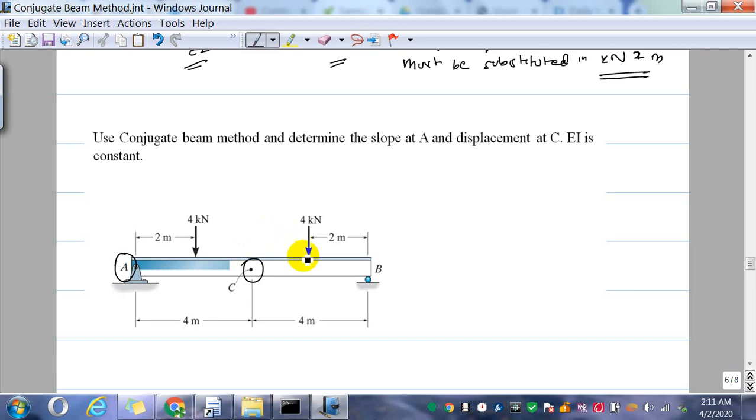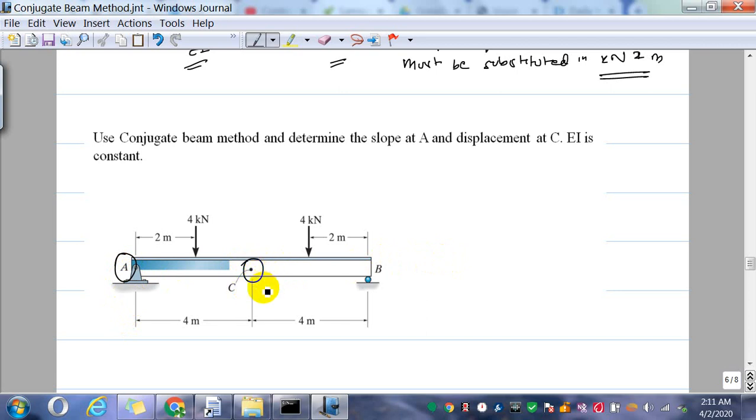So if I plot a conjugate beam for this loading arrangement, then the shear force I obtain at A for the conjugate beam will be equal to the slope at A. The bending moment I obtain from the conjugate beam at C will be equal to the deflection at C.